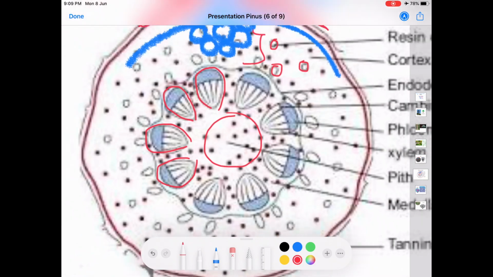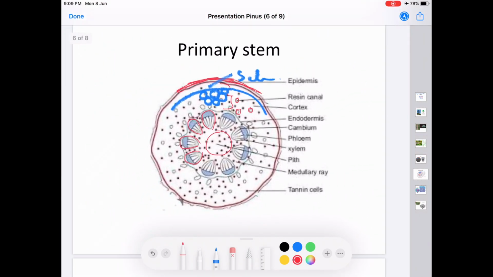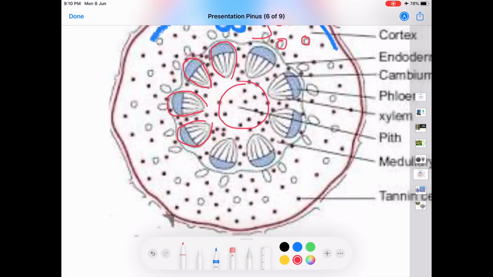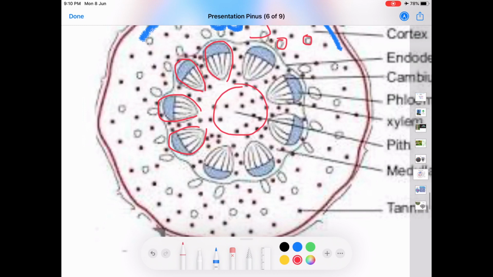The stem in the case of Pinus shows secondary growth, and this secondary growth is taking place as in the case of a normal dicot stem.